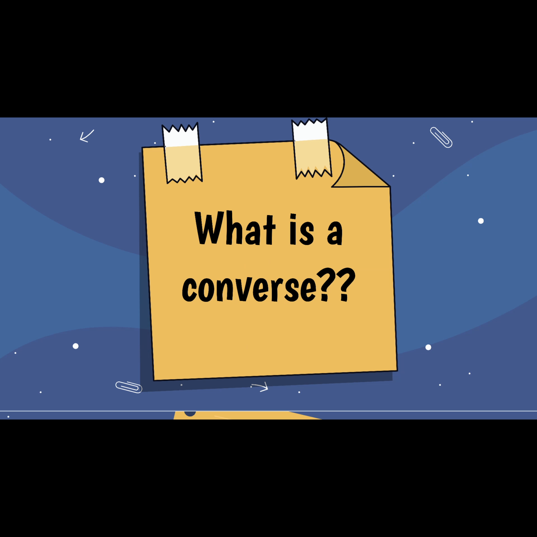Its converse would be this. So if we have an original statement, and it says, if two line segments have the same length, then they are congruent, when we are talking about its converse, it would be this statement right here. We would switch it around.